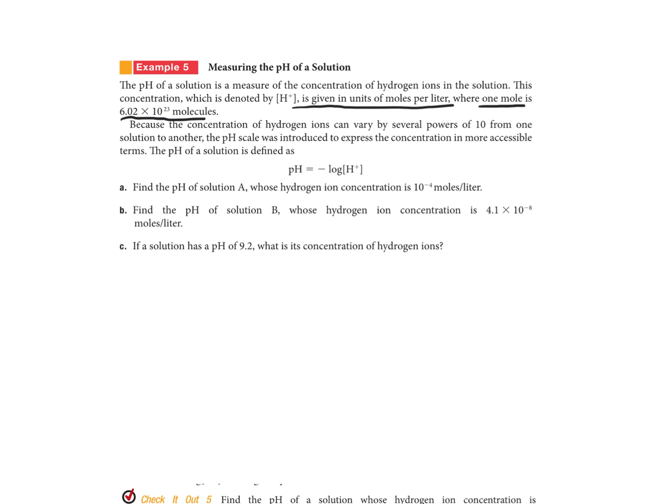So this pH would just be negative log of H+, because it's in moles per liter, and this is 10 to the negative 4. So that would just have a pH of 4, because we bring the negative 4 down, and log base 10 of 10 is 1. Negative 4 times 1, with the negative, is just 4.